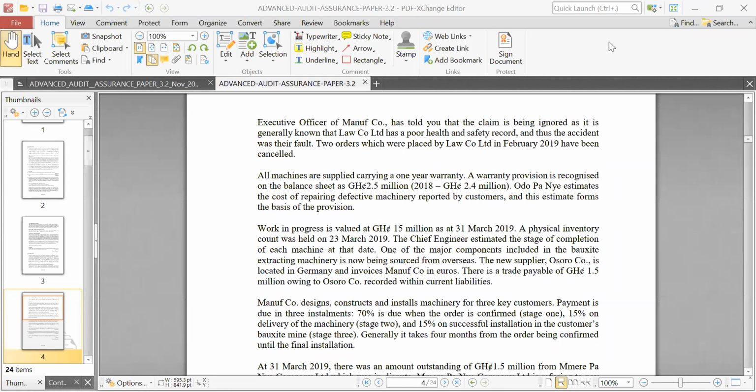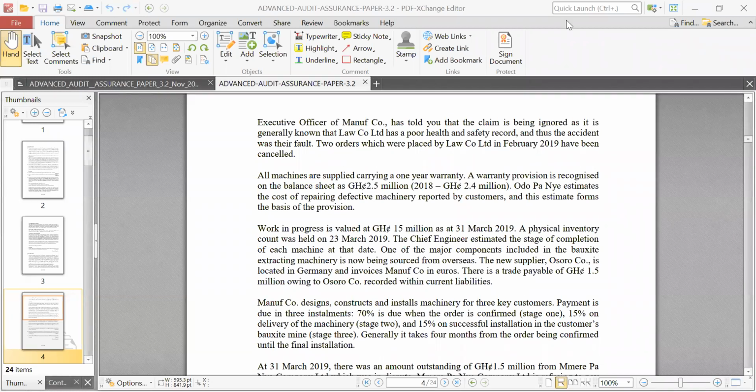One of the major components included in the bauxite extraction machinery is now being sourced overseas. The new supplier, Osuro Co., is located in Germany and invoices Manuf in euros. There is a trade payable of 1.5 million Ghana cedis owing to Osuro Co., recorded within current liabilities.